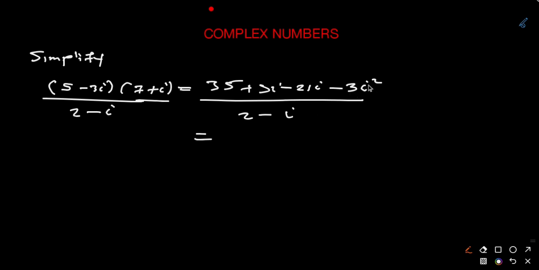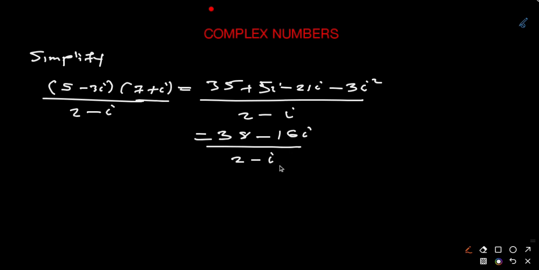This one here, what are we going to get? We are going to get positive 3, because i squared is negative 1. So 3 plus 35, that is 38. Then 5i minus 21i, here we are going to get negative 16i. Then divided by 2 minus i.